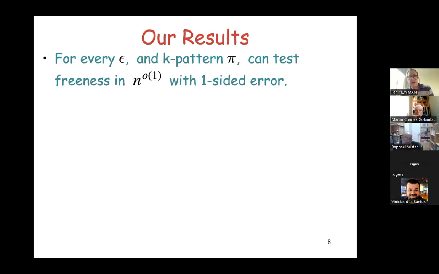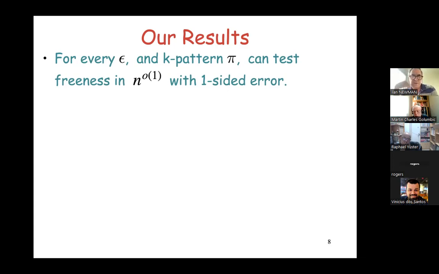Yes. That little o of 1 is in terms of k, or? Yeah, there is a dependency in terms of k, but the little o of 1 in the exponent is actually because of the dependence on epsilon.